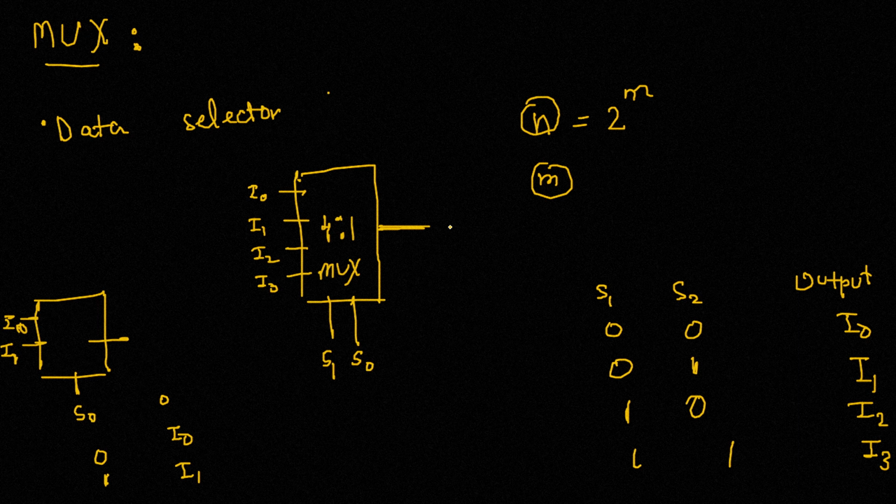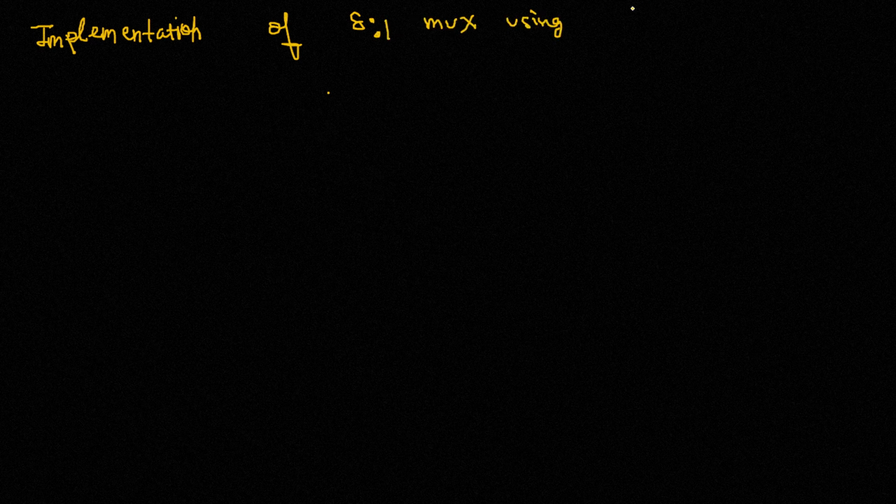The first application of mux, not exactly an application, the first problem that we learn about mux is how we can implement a higher order mux using lower order mux. So let us have a look at 8 cross 1 mux using 4 cross 1 mux.